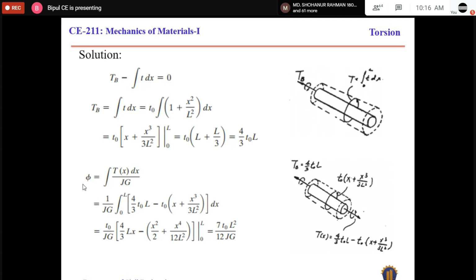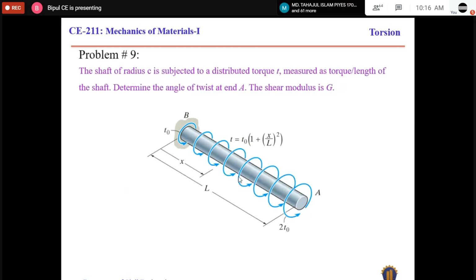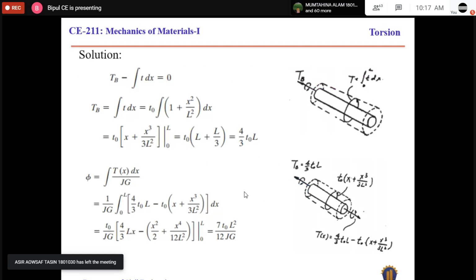But we have to determine the angle of twist. As the torque is varying over the length, we have to use this equation: phi equals the integral of Tx dx over JG, and the section is constant. Here the section is constant, and G is also constant, because the same material was used to make the tube.